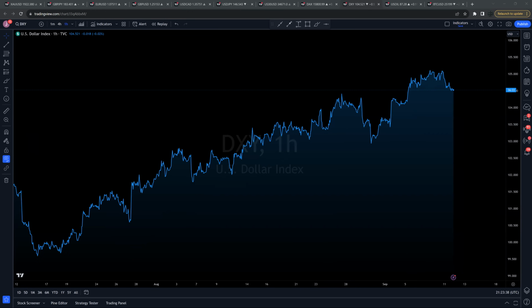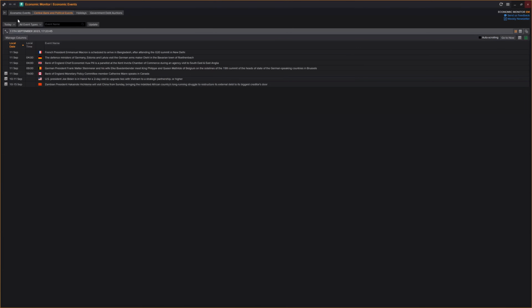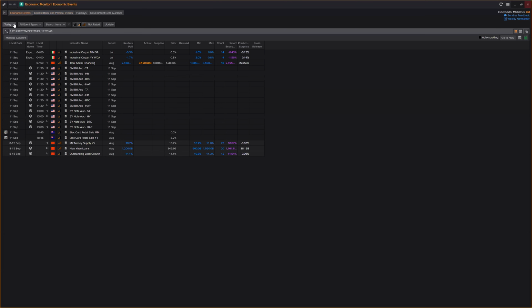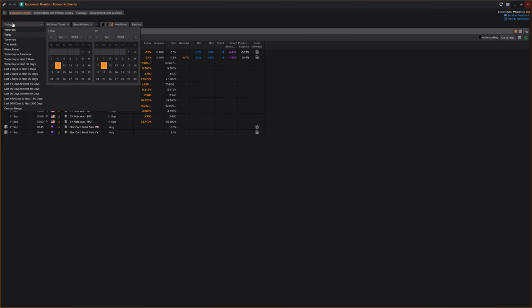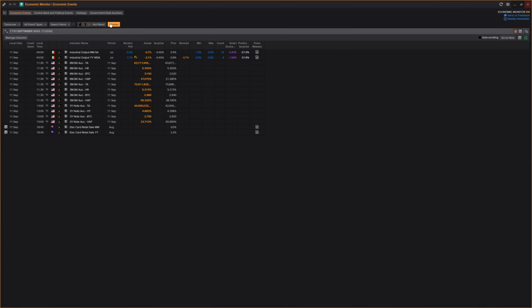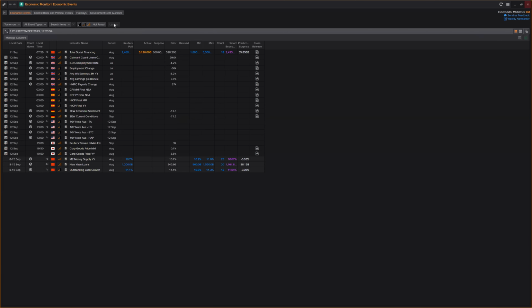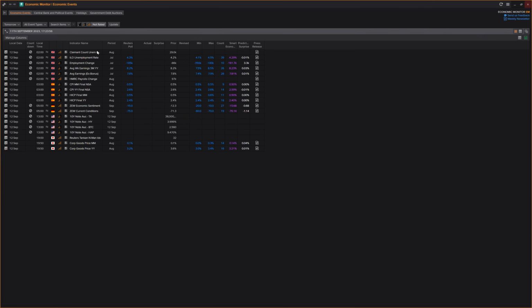Now, understanding when we're looking at key economic events, we don't really have anything going on through the Asian session. Over the London session, we do have some UK jobs figures where it's expected to be bad data.